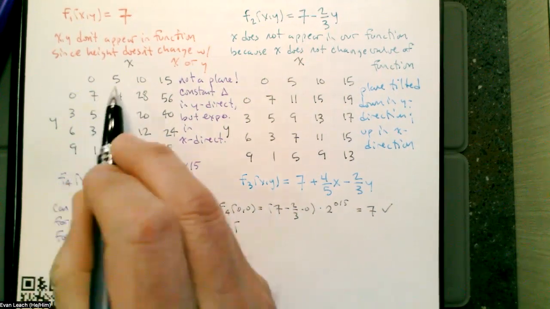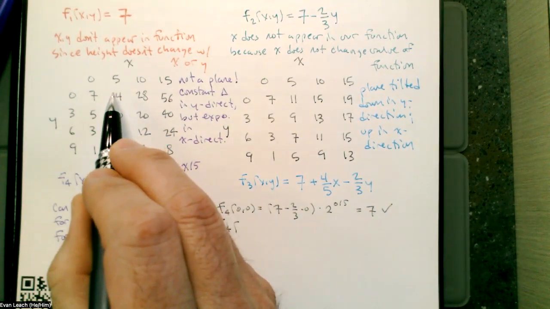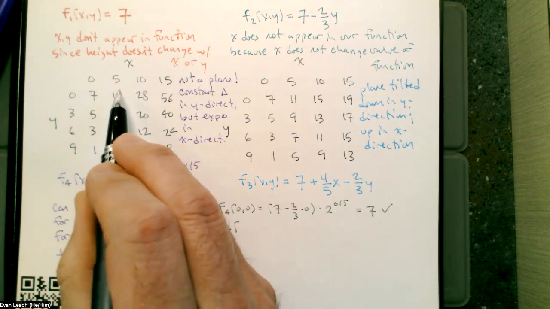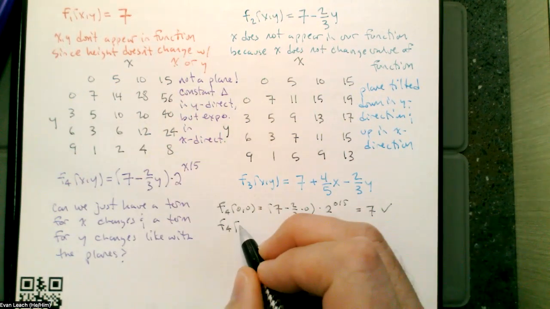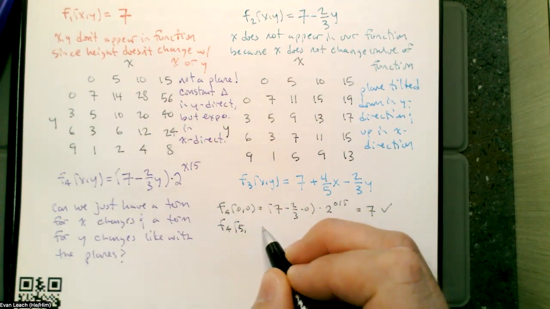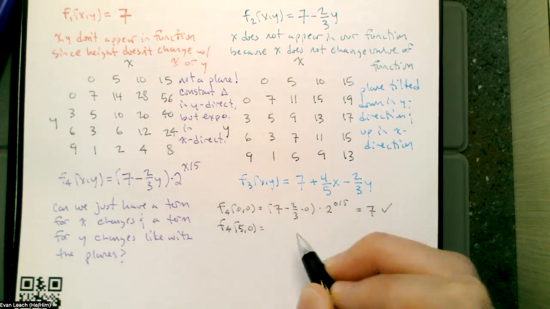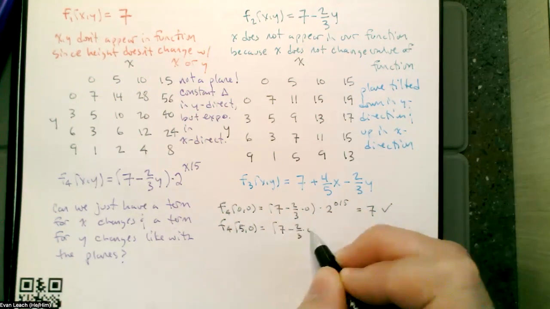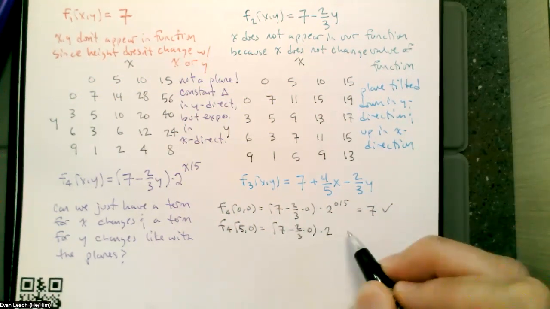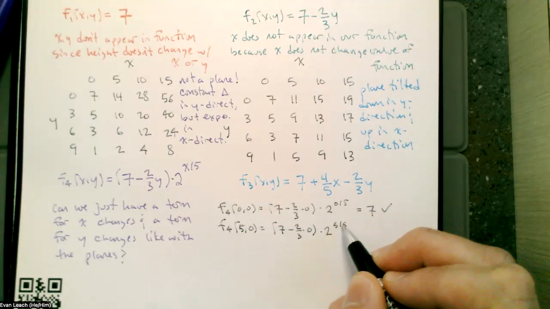Let's try it in, it doesn't matter which direction. You know it's going to work here. Let's try to get 14. So plug in x is 5 and y is 0. So I got 7 minus 2/3 times 0 times 2 to the 5 over 5.